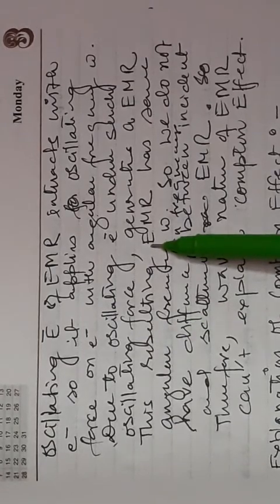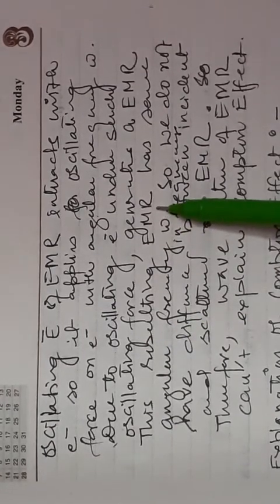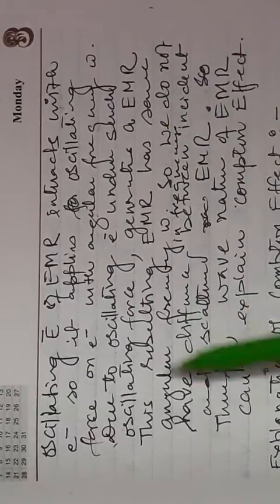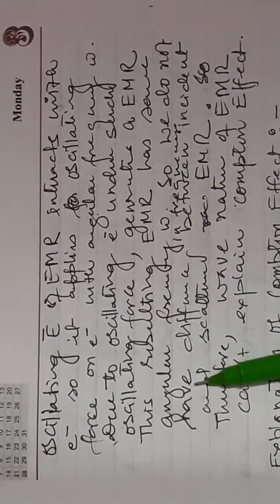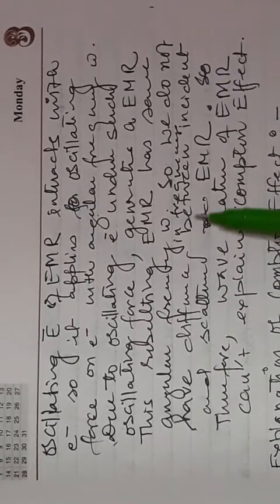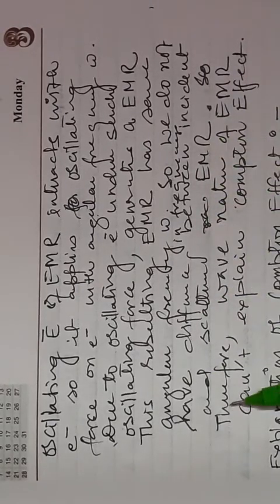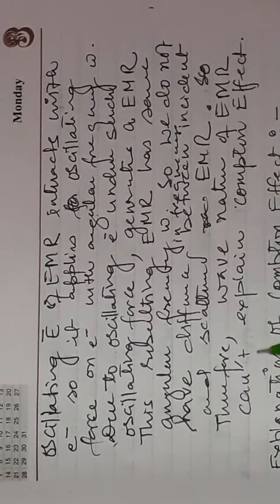This resulting electromagnetic radiation has the same angular frequency omega. So we do not have the difference between the incident and the scattered radiation. Therefore, the wave nature is unable to explain the Compton effect.